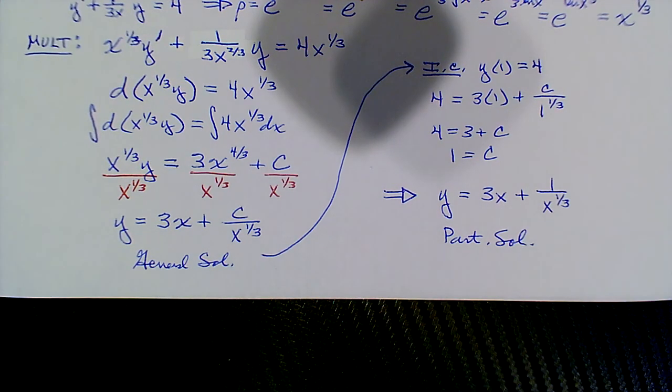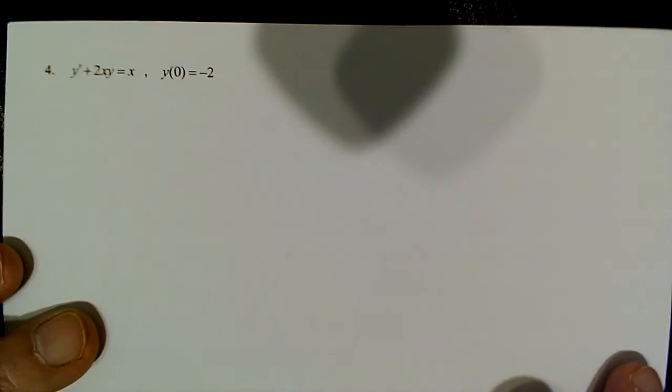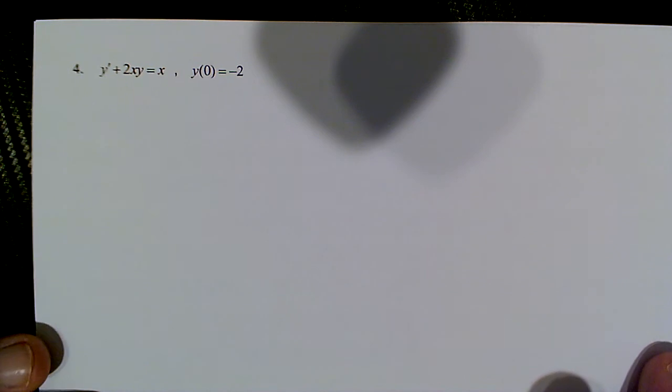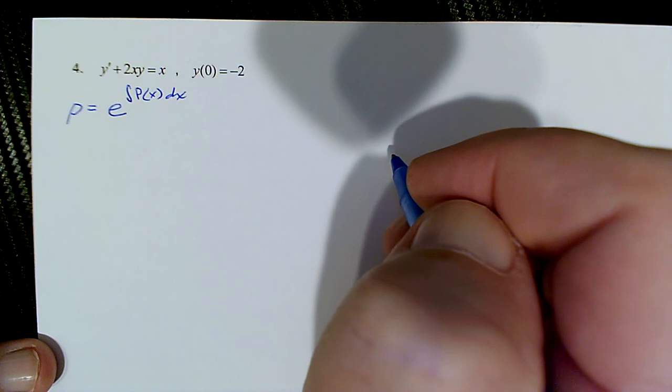Alright, I'd like to finish up this last one on this video. And then we'll look at the mixture problems in the next part. So this is already in standard form. So we can go immediately to calculating the integrating factor rho, which again is e to the integral of p of x with respect to x.